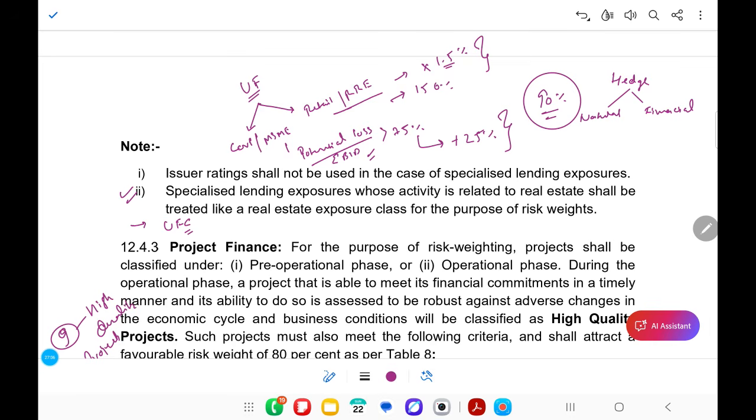Then the exposure is naturally hedged. A financial hedge involves using derivative contracts where the purpose and the strategy for hedging are formally documented at inception and periodically assessed for effectiveness. This is called the financial hedge.